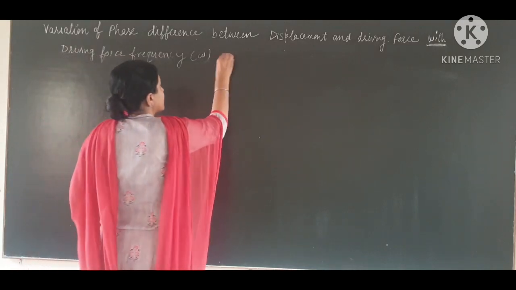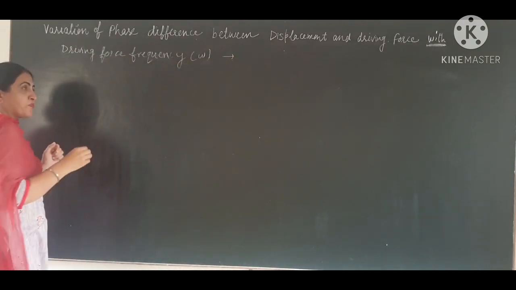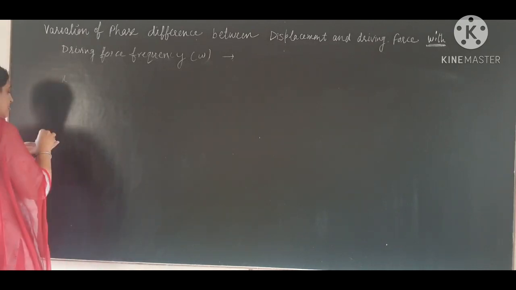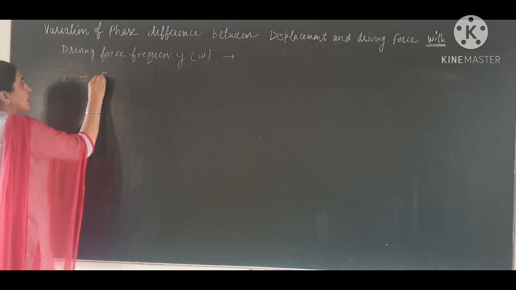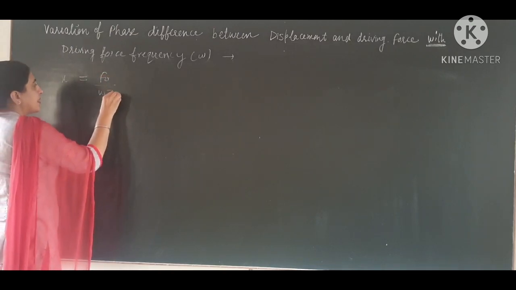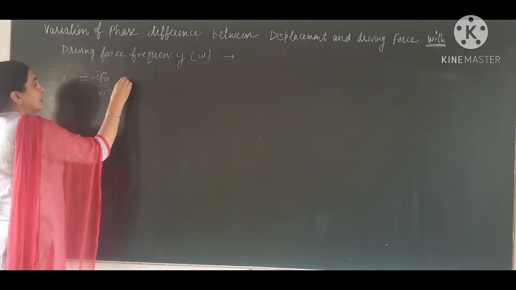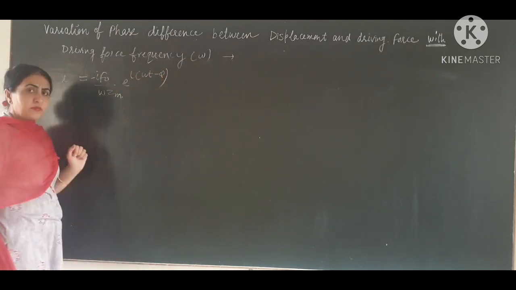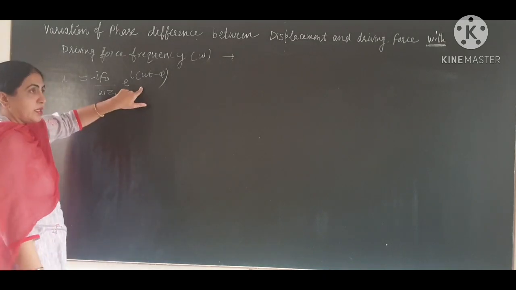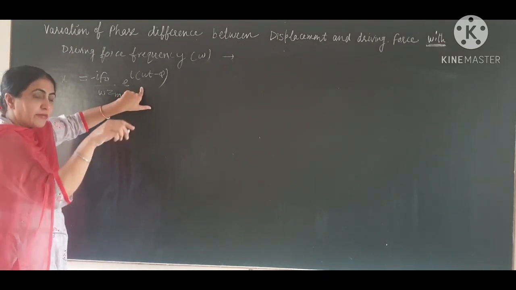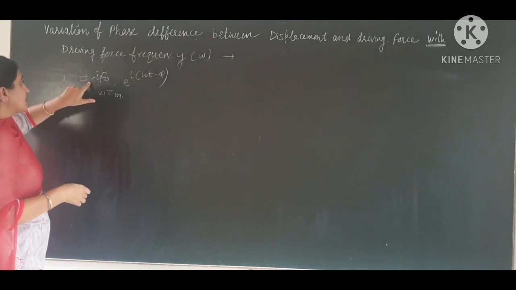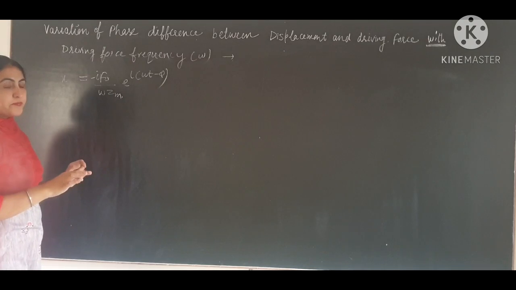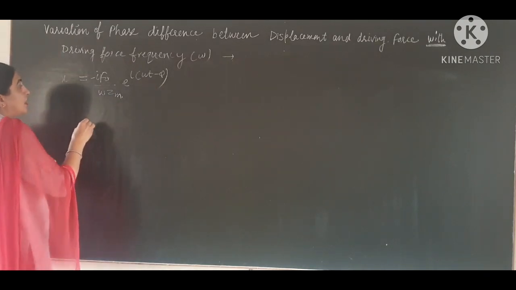For the phase difference, we derived the value of x in the case of forced oscillator. x is equal to f naught over omega Zm, minus iota, e raised to power iota omega t minus phi. We derived it yesterday.